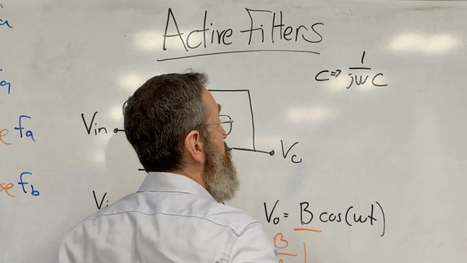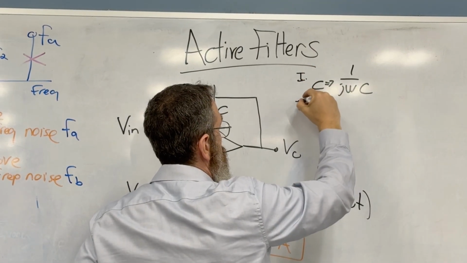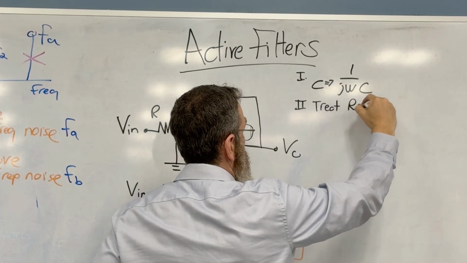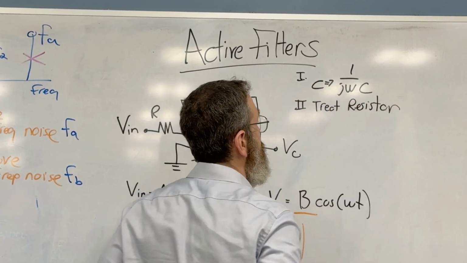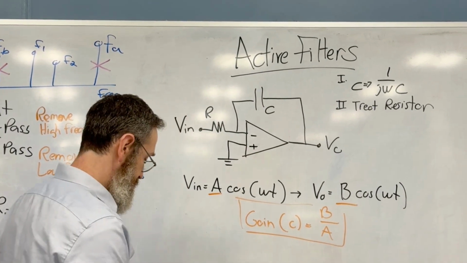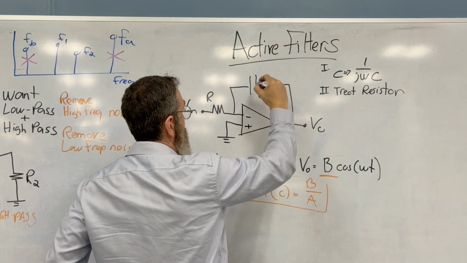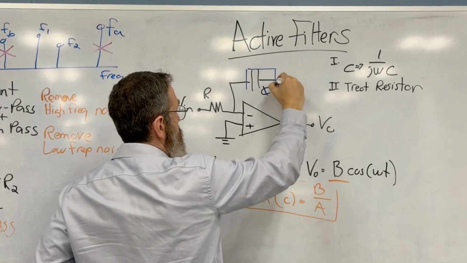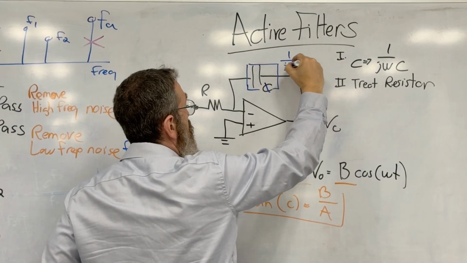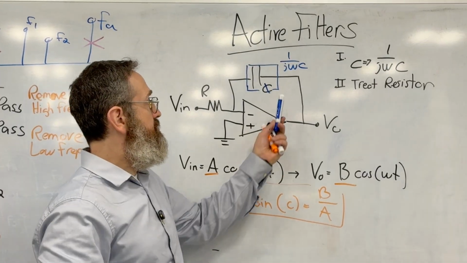That's rule number 1, because rule number 2 tells you that you can now treat this as a resistor. You can go back and watch those videos, where I spent a bit of time on that. So I'm going to cross this out and put a box around this to remind me that this is now a resistor, which has a value of 1 over j omega C. Yes, the value of this resistor is imaginary.